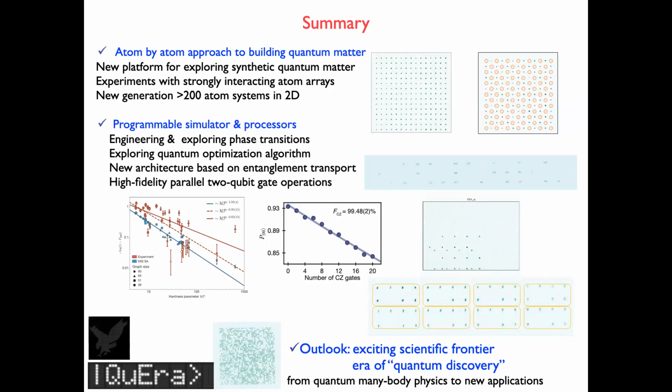They are mostly due to the fact that, for example, one of the dominant errors is actually a leakage error, where the Rydberg atom basically goes to a state which is dark. It can affect the nearby pairs. This is a dominant source, but it's very small, and we don't think it will be a problem. It will limit things like the density with which you can do things in parallel. But as you have already seen, the data I showed we can do on 60 atoms, we can now do on over 100 atoms in parallel.